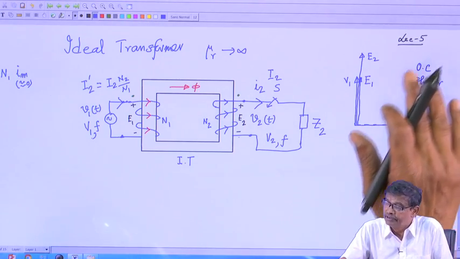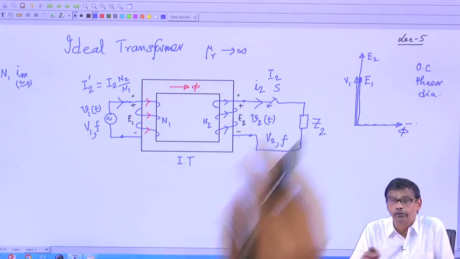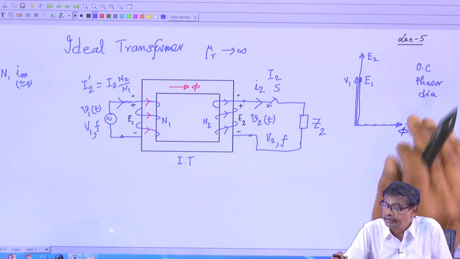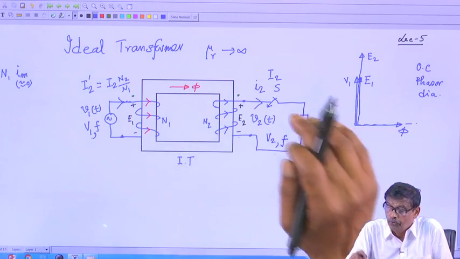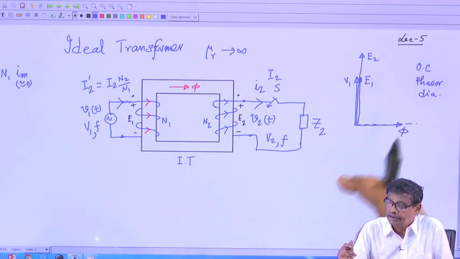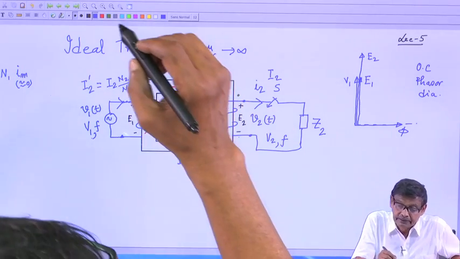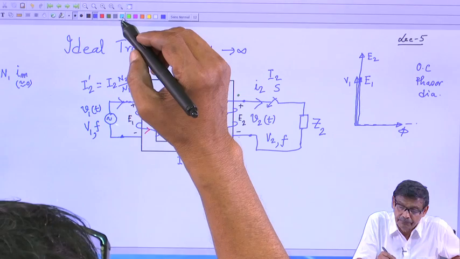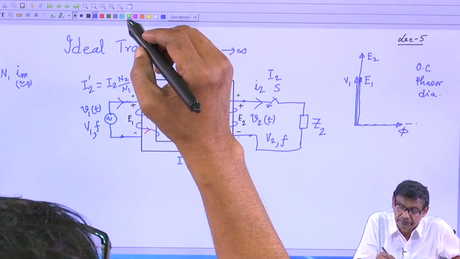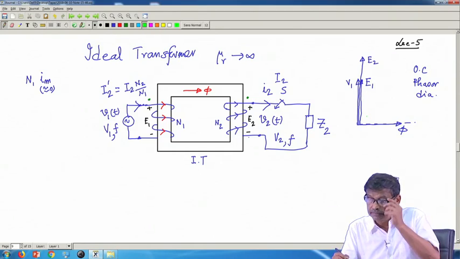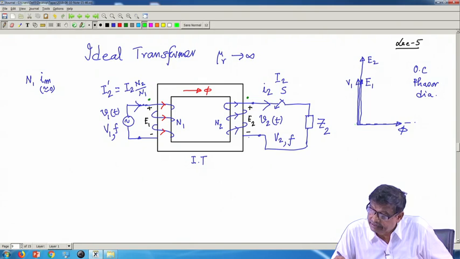Therefore, this was the open circuit phasor diagram with S opened. Now, with S closed, the phasor diagram will be as follows; I have to draw the currents. First I draw the secondary current.